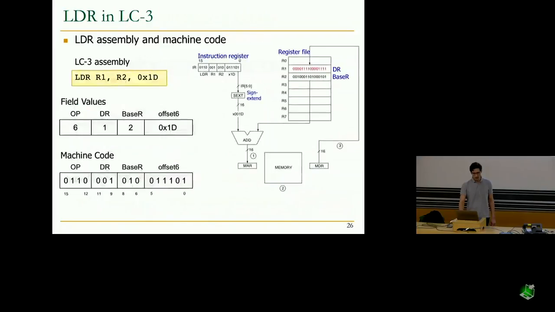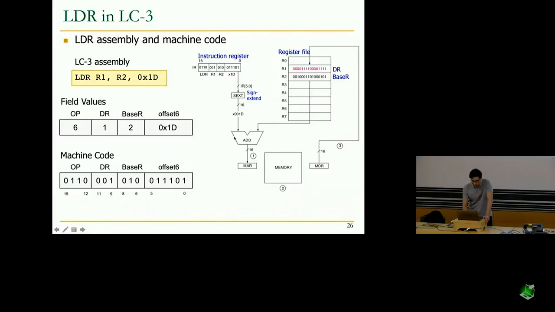How is this executed in the data path? In a somewhat similar way as before. If you compare this, for example, with the PC relative addressing mode, it's more or less the same, but instead of using the PC as the base register, here we use one general purpose register, in this case, for example, R2, as the base register.